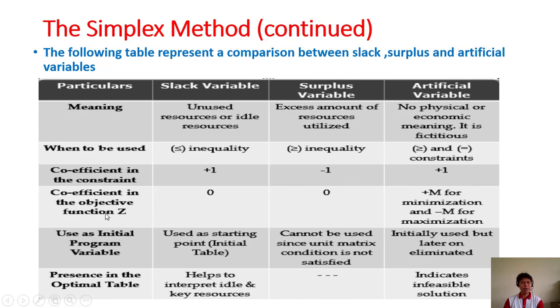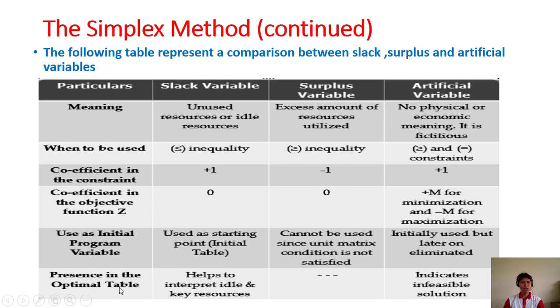Coefficient in the objective function z. So for the slack variable it is 0, for the surplus variable it is 0, and for the artificial variable it is positive M for minimization and negative M for maximization problems. As to the use as initial program variable, slack variable is used as starting point or initial table, while surplus variable cannot be used since unit matrix condition is not satisfied, and artificial variable is initially used but later on eliminated.